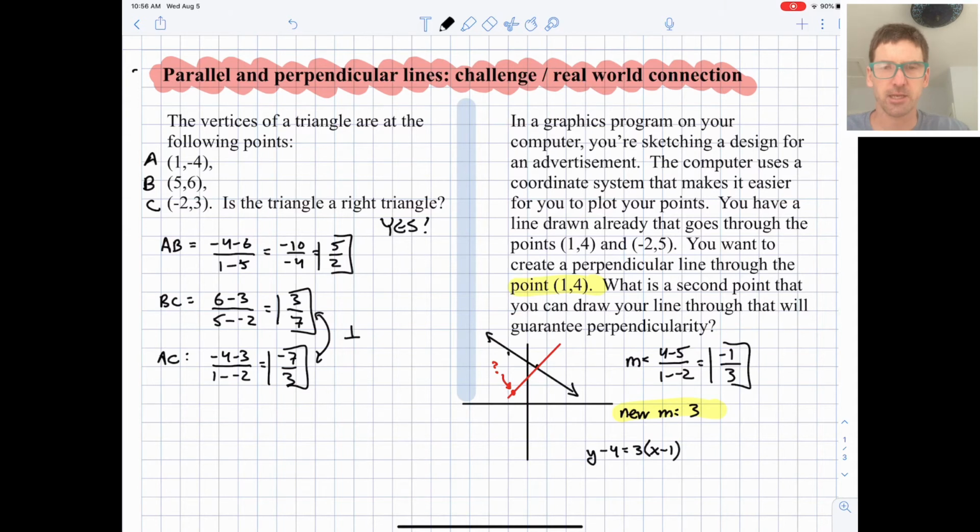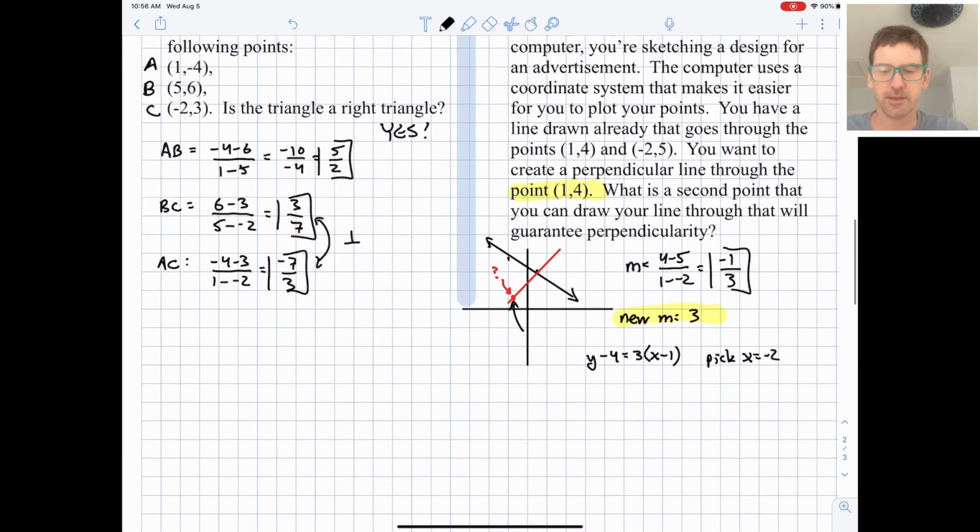And then we can just pick any random x point. Let's pick x as negative 2, so we'll get a point somewhere about where I was suggesting we might get. It doesn't really matter. We just need another point to connect.